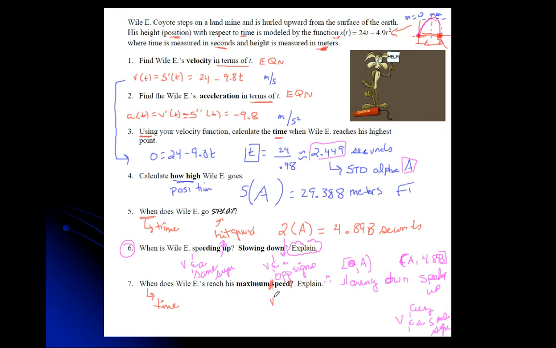Speed, remember, comes from velocity, but velocity, remember, comes from slopes. So when are the absolute values of the slopes the highest? This question really says, when are the absolute values of the slopes the highest?